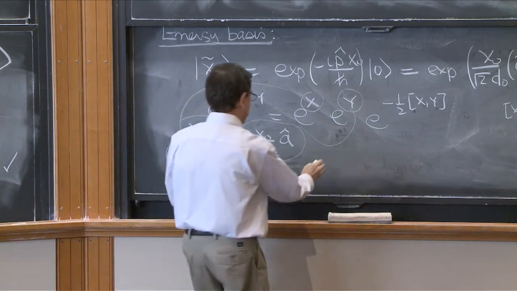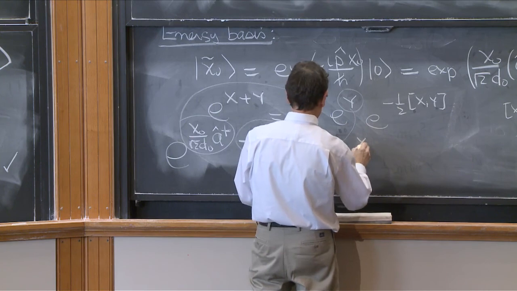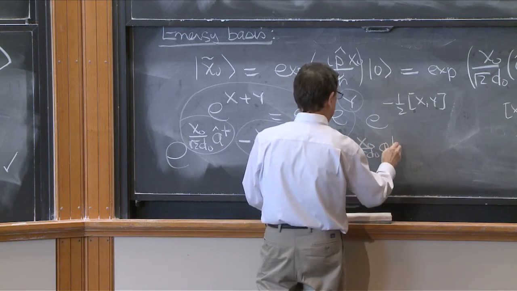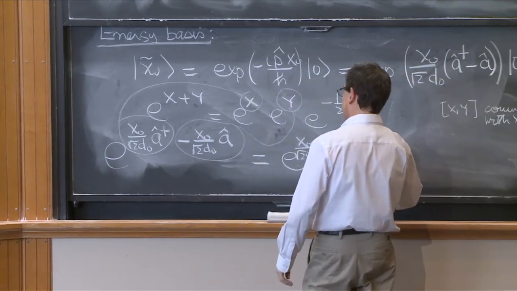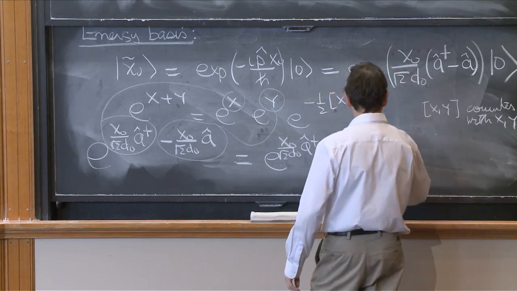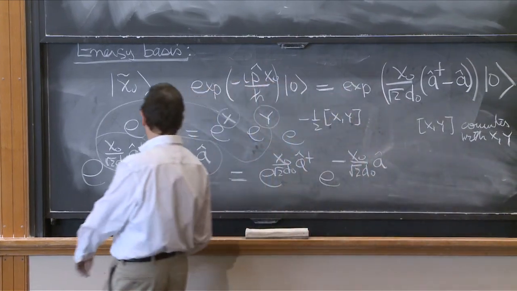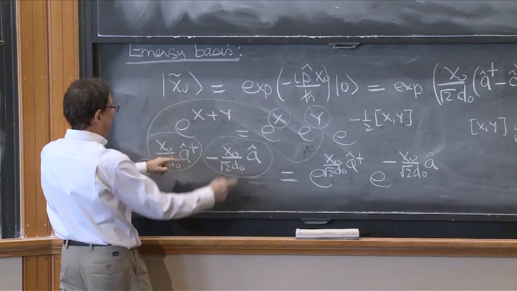So that this is e to the x naught over square root of 2 d naught a dagger, e to the minus x naught over square root of 2 d naught a. And now you're supposed to do the commutator of these two things. And the commutator is the commutator of an a dagger with an a.